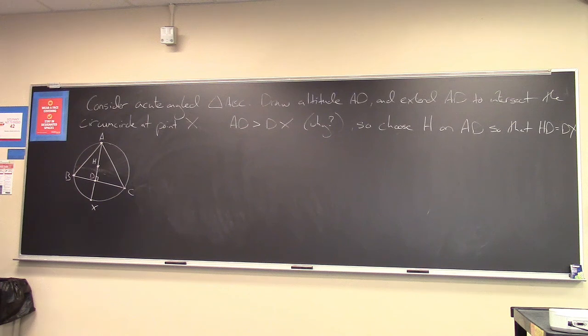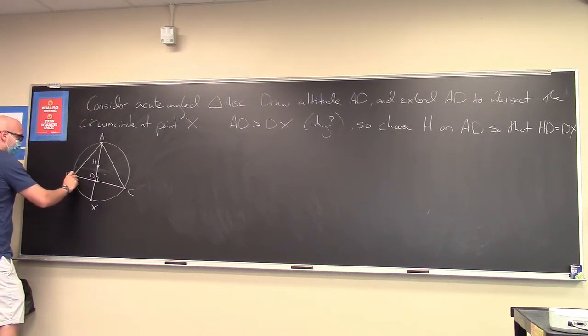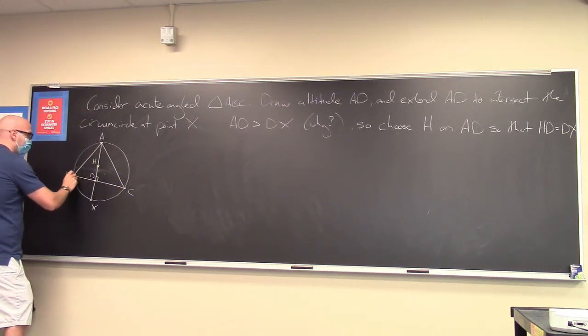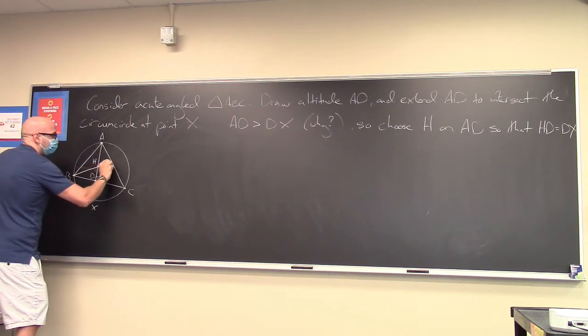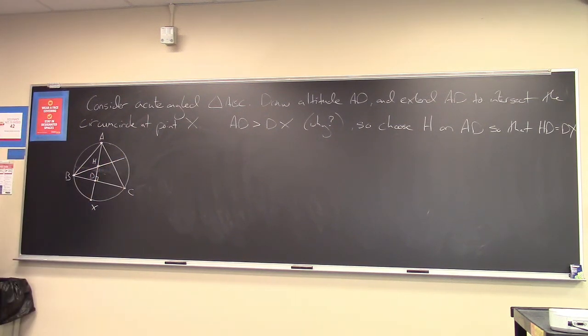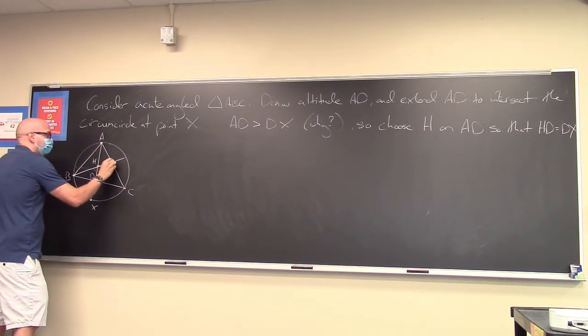All right. What we're going to do now is draw the line segment BH in, and extend it until it hits the circumcircle. And in doing so, it meets two other points, or two other lines.